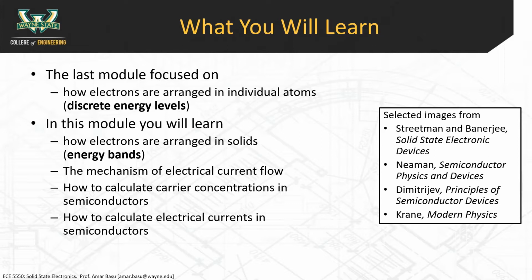With individual atoms, there was the 1s energy state, the 2s energy state, the 2p energy states, and so forth. They were discrete energy states, very specific energies that each one of those states had. As part of your homework, you are going to calculate, with a simple example of the Schrodinger equation, the eigenfunctions or solutions of the 1D potential well.